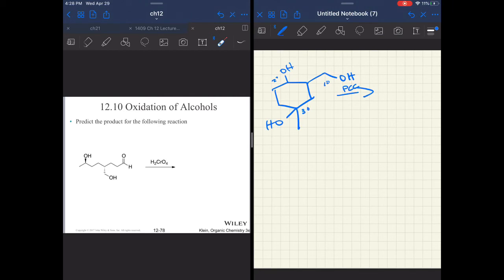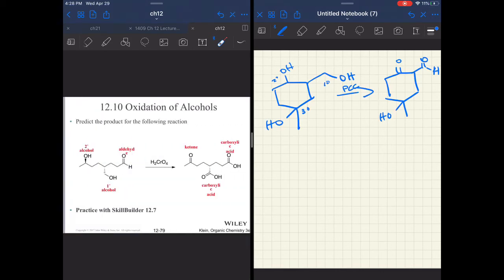If I treat this with PCC, I'm going to stop at the aldehyde for the primary alcohol. I'm going to get a ketone for the secondary, and I'm not going to get any reaction on the tertiary. All right, this is going to apply to all of those alcohols on that problem. Right. Aldehyde to carboxylic acid, secondary to ketone, primary to carboxylic acid.